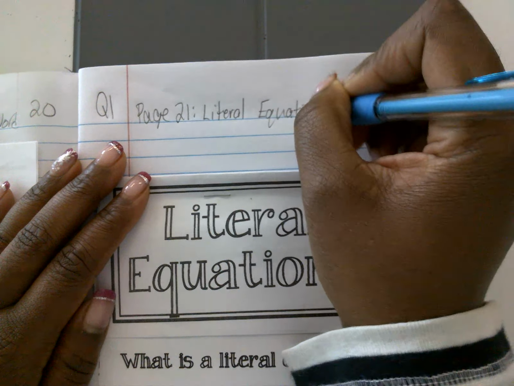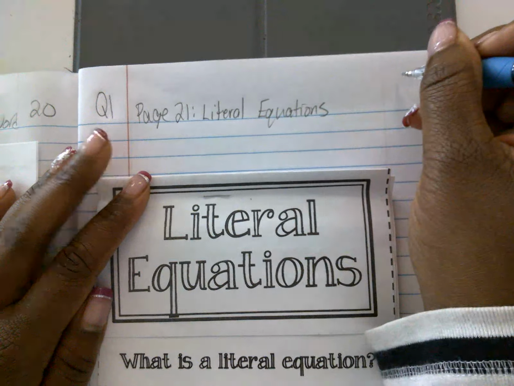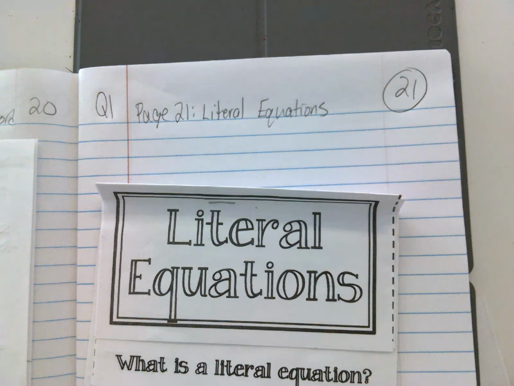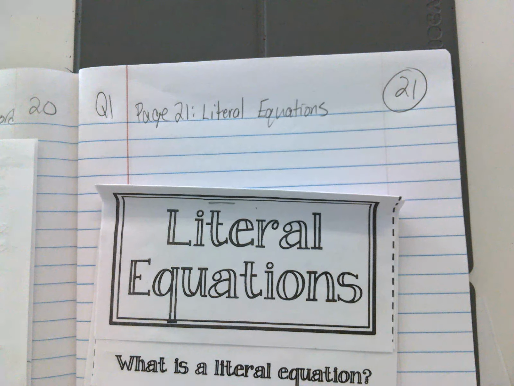All right. We've got literal equations. This is page 21. We're going to paste this down. I don't see it. Okay, I have to print another one then. That's it right there. This is it. You have to paste these back to back.